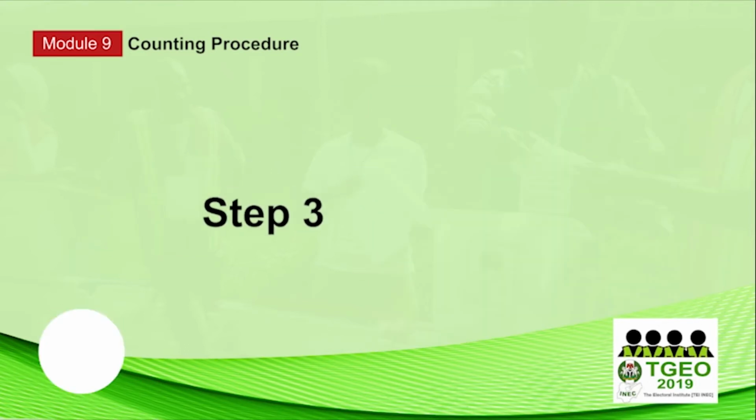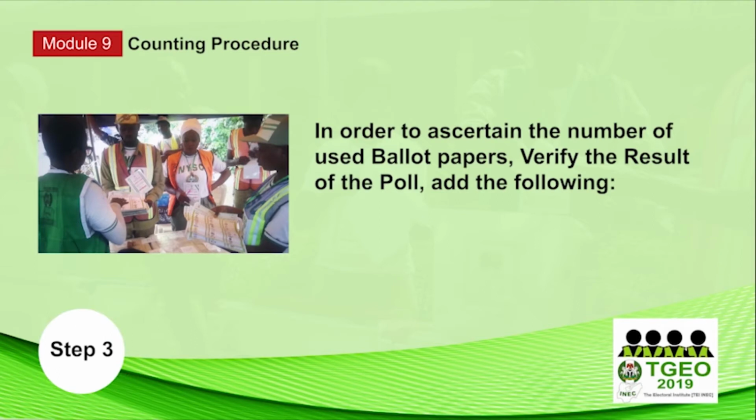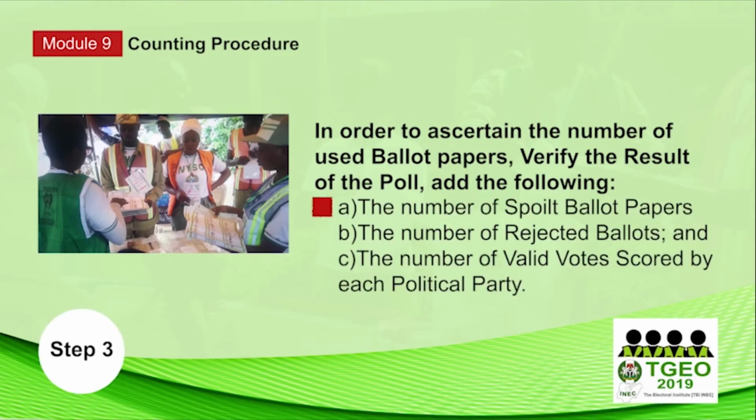Step 3. In order to ascertain the number of used ballot papers, verify the result of the poll at the following: A. The number of spoilt ballot papers. B. The number of rejected ballots. And C. The number of valid votes scored by each political party.